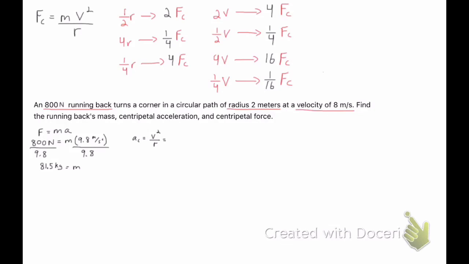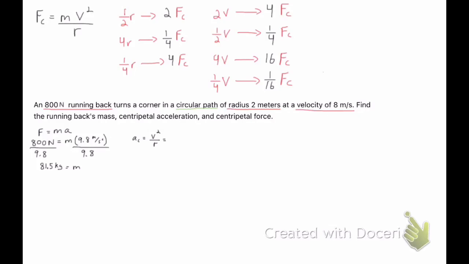Again, we can see that we can solve for centripetal acceleration because the running back turned a corner in a circular path. When you see circular path, I'll underline that in green. When you see circular path, you know that we are talking about some type of either acceleration, centripetal acceleration, or centripetal force.